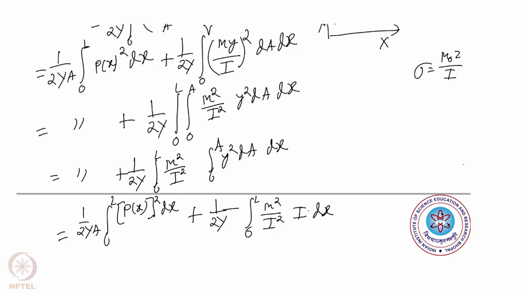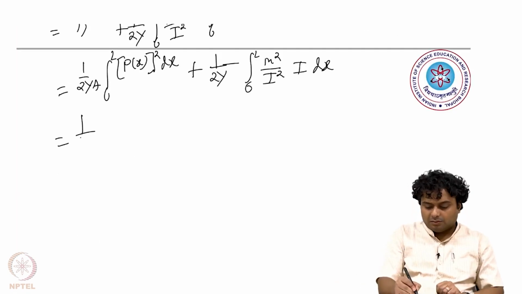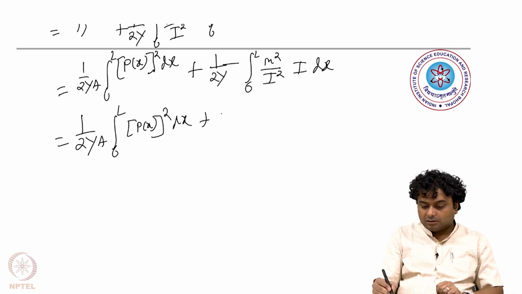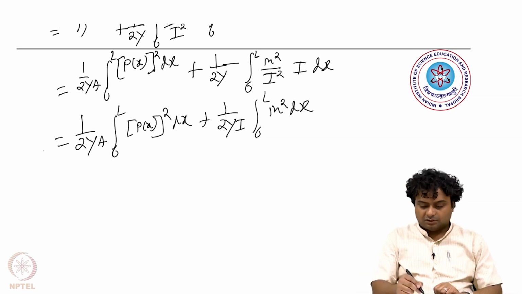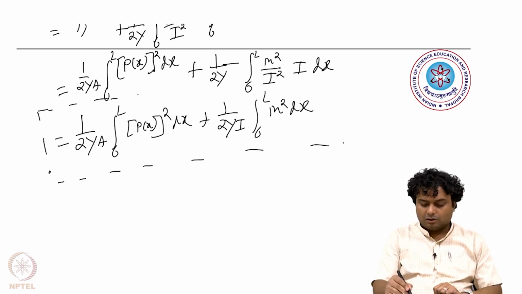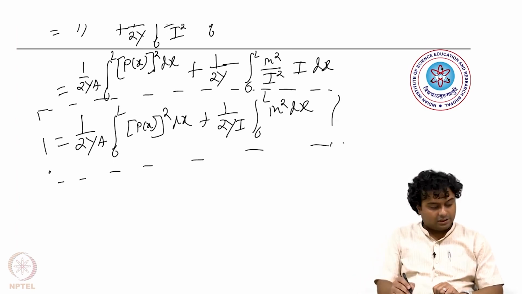So this I will cancel from numerator and denominator, and then we will get 1 by 2YA 0 to L Px square dx plus, I can take the I out because this is a constant, 1 by 2YI 0 to L M square dx. Now this expression is important, and we will calculate what the values of Px and M are for different x's, and then we can calculate the total strain energy.